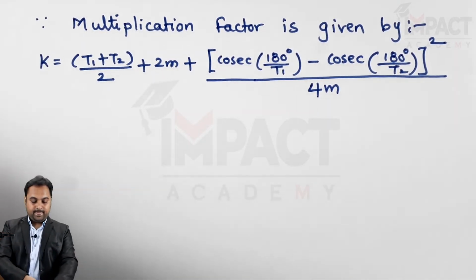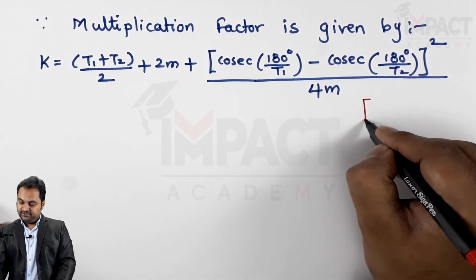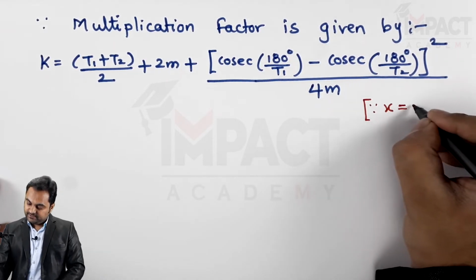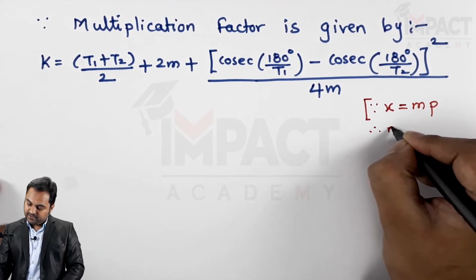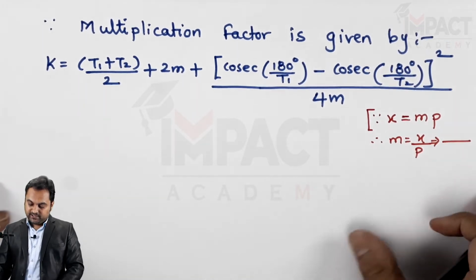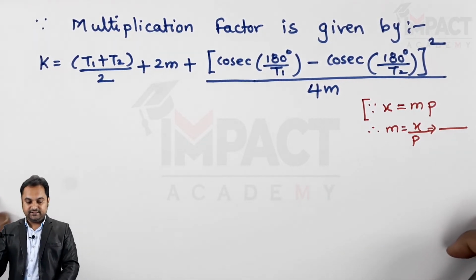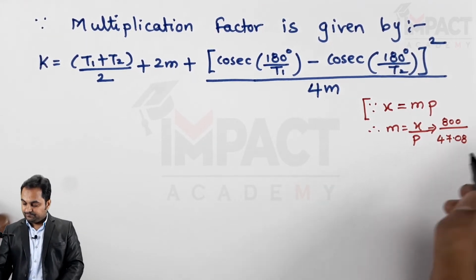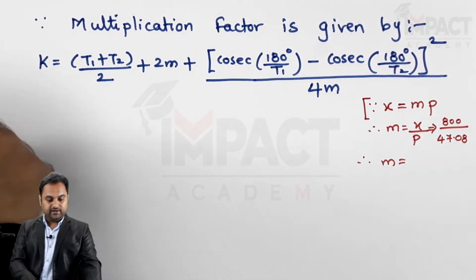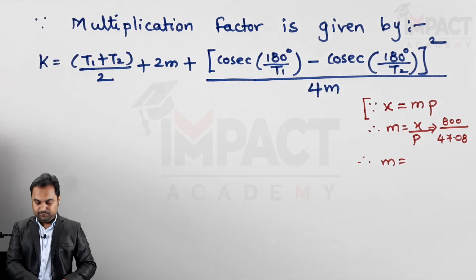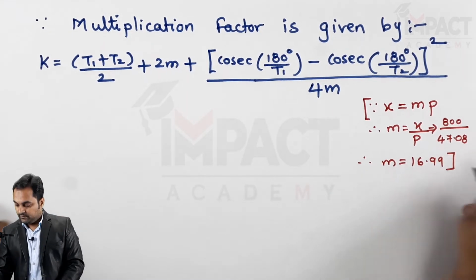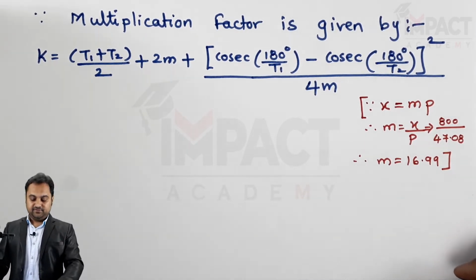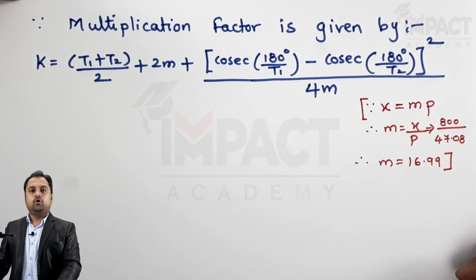Now this m, I'll explain here. Since x, the center distance, is denoted as m into pitch, therefore m becomes x upon pitch. X value, center to center distance given in the problem, is 800 mm. Pitch we have found out, it is 47.08. So from that I am getting the value of m, and it comes out to be 16.99. And this m value is a constant, and I have explained this in my previous derivation where I derived the length of chain.